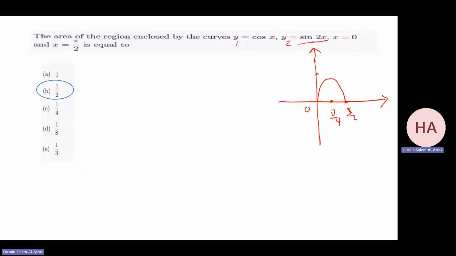And then I have y equals cosine x, which will do something like this. Let me make it bigger. This one will do something like this.